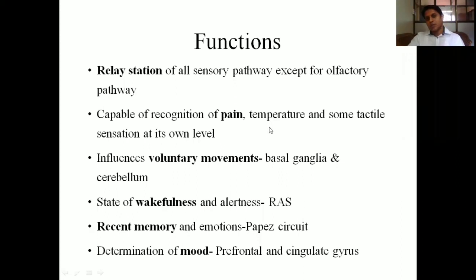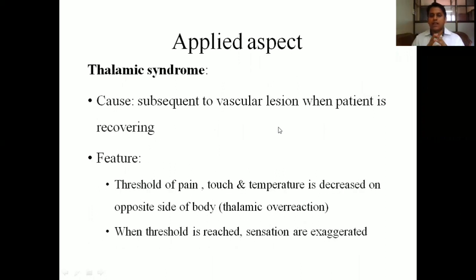Let us go to one of the applied aspects of it. That's the thalamic syndrome. Thalamic syndrome occurs when the patient is recovering from the state of the vascular lesion. The feature of this is the threshold of the pain, touch and the temperature is increased. So it gets the pain from the opposite side of the body.